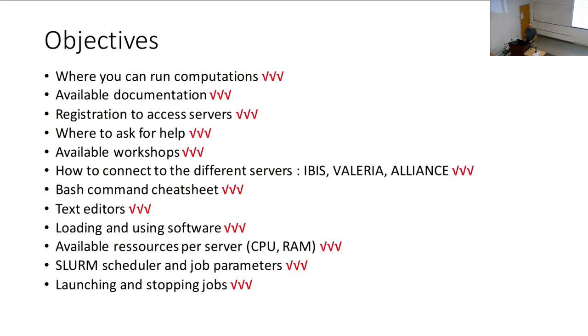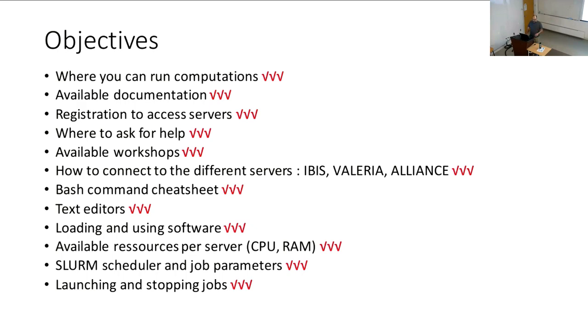The objective for today is to run through some information for you to know how to get access to these compute servers and how to use them. First, where you can run those computations, the available documentation, how to register to have access to the servers, where to ask for help, some available workshops, and how to connect to the servers.